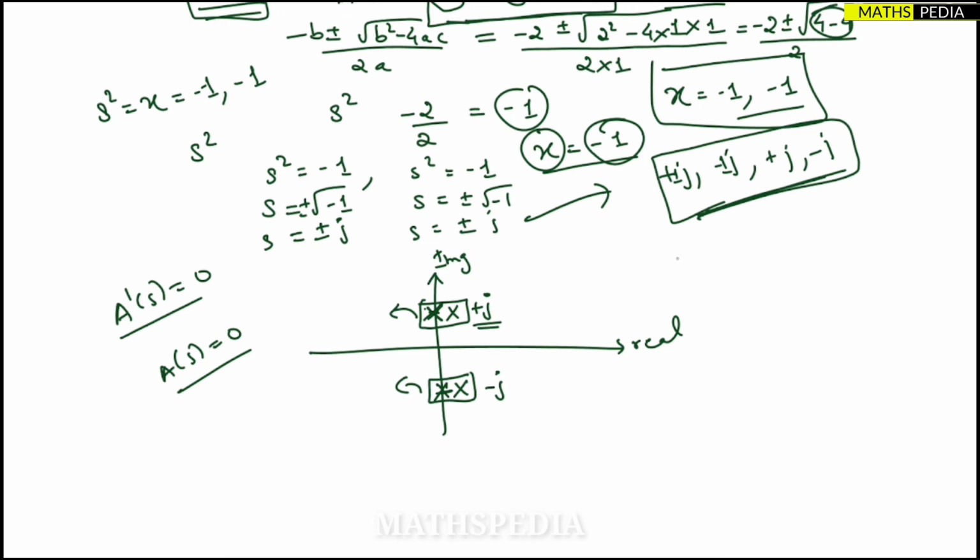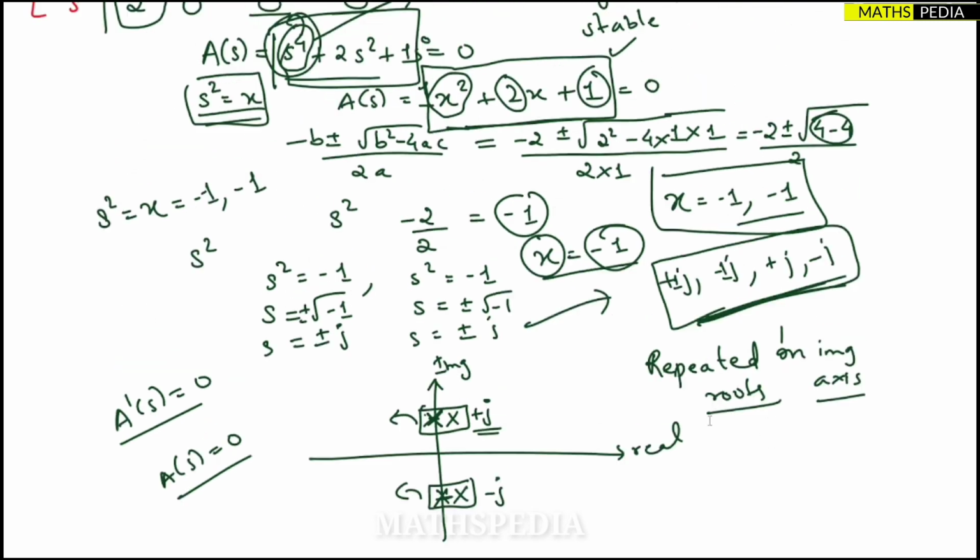Here we can say that we are getting repeated roots, right? Observe here, we are getting repeated roots that are on the imaginary axis, not the real axis. So since we are getting repeated roots, always remember, when you are getting repeated roots and they are on the imaginary axis, the system will be unstable.